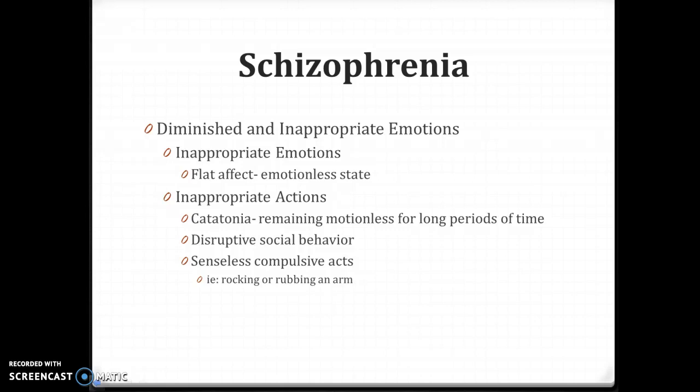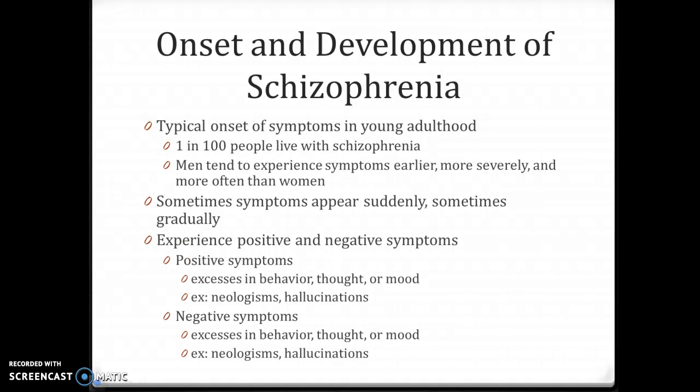A person can be catatonic or remain motionless for long periods of time, can experience disruptive social behavior or senseless and compulsive acts like rocking back and forth or rubbing of the arm. So those are the things that a person usually thinks of when they hear of schizophrenia.